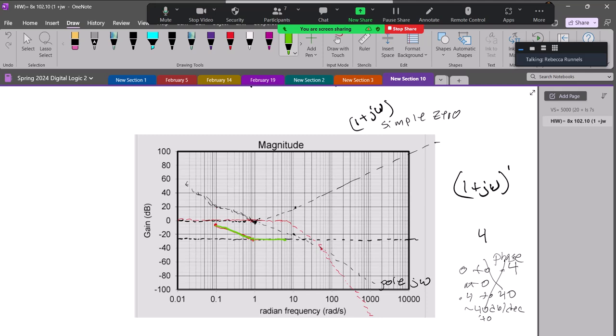And then at 4, I am adding on a negative 40 decibels per decade. So that's what's changing here. And so that's going to make another slope of negative 40. So from here over to the next decade, I'll go down 40. So that's at minus 26, so minus 66.